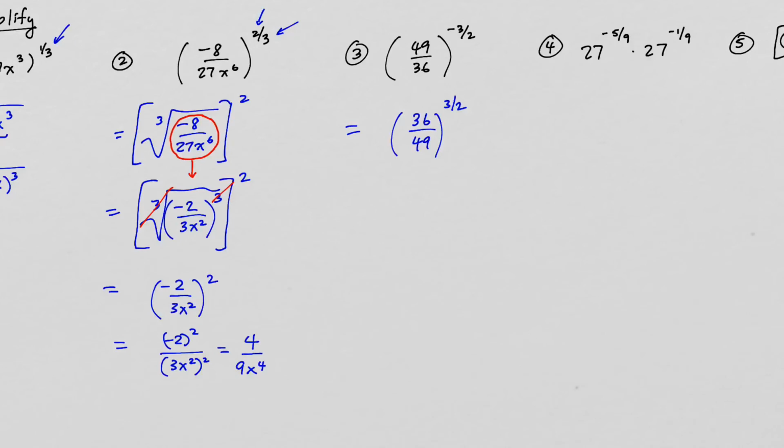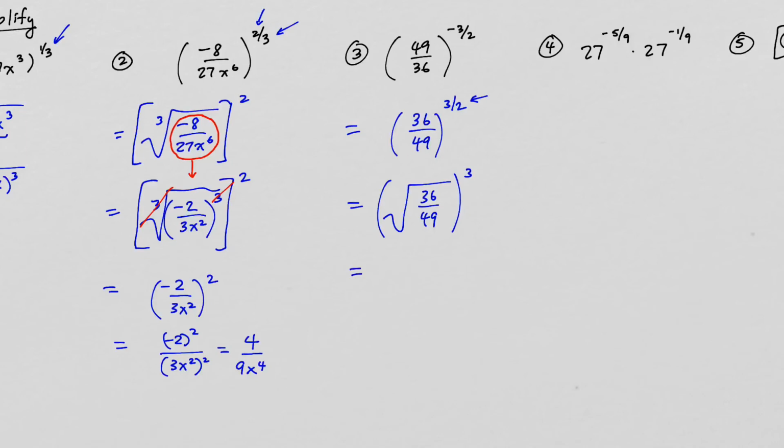I think that's the most important first step. And then from here we can use our definition. So we have a square root of 36 over 49 quantity to the third power.